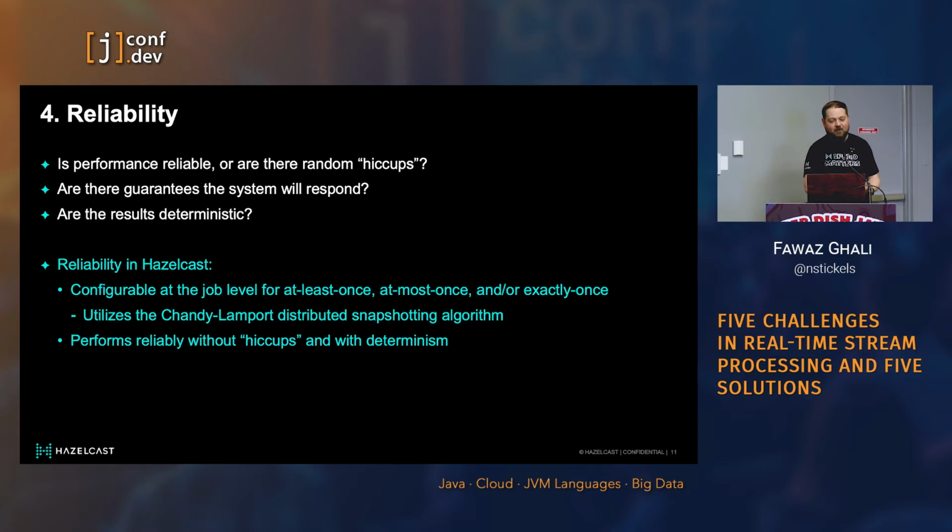Going to that last one first, it's all configurable at the job level in Hazelcast for how you want to do that. Do you want to get at least one response? Do you want to get at most one response? Or do you want to get exactly one response? And you can configure one or more of those at the job level using the Chandy-Lamport distributed snapshotting algorithm.